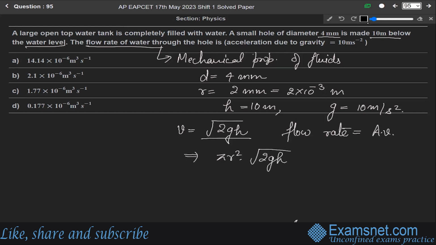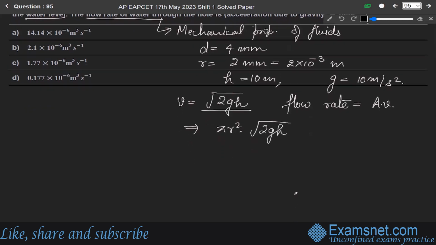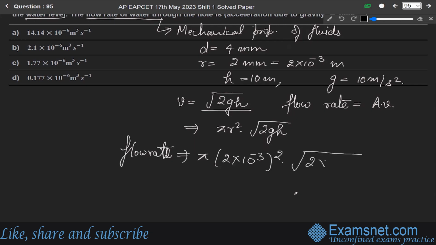So just put the values given in the question and we will get our desired answer. So the flow rate will be equal to pi into r square, r is 2 into 10 to the power minus 3 whole square, into under root of 2 into gravity 10 into height h, which is also 10. So solving it, we get pi, 22 by 7, into 4 into 10 to the power minus 6 into 10 root 2.